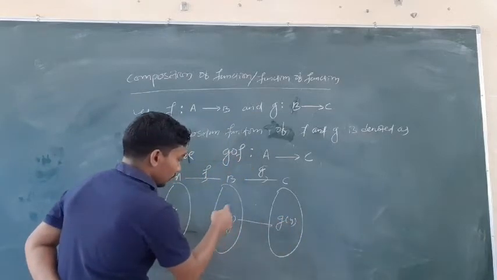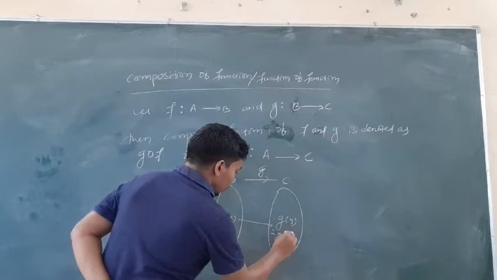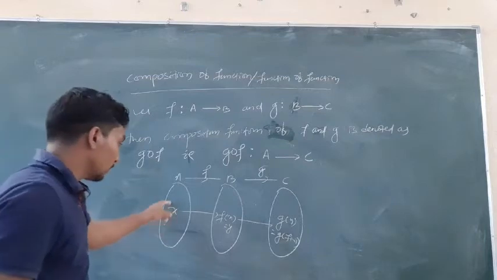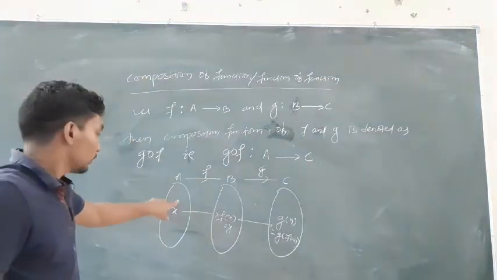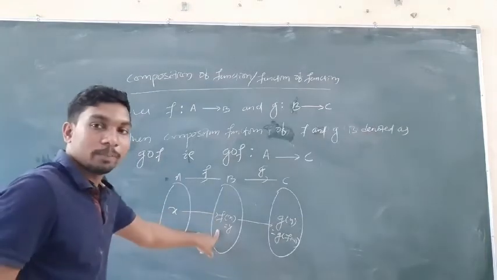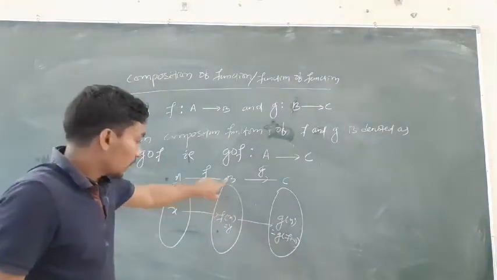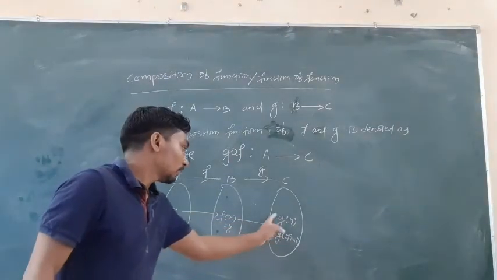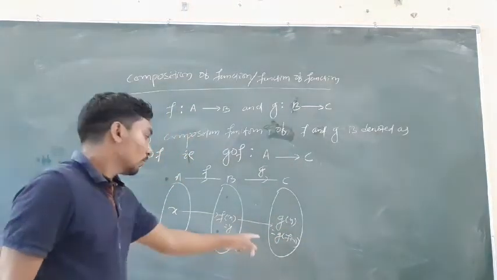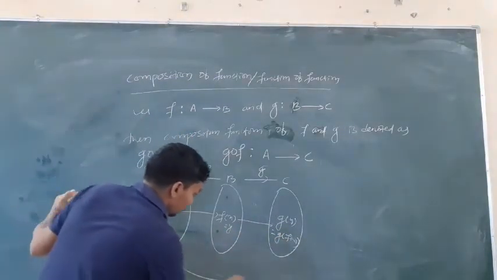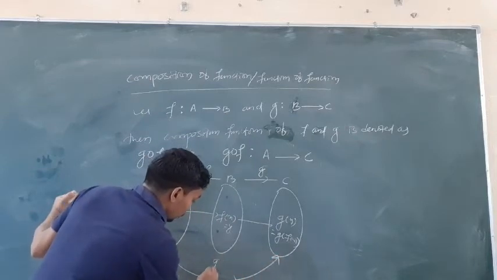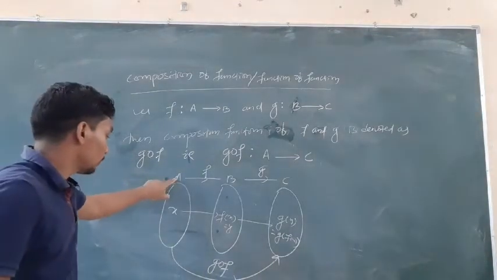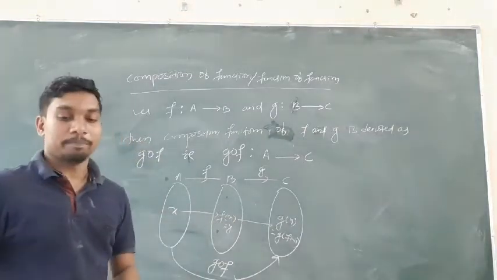That means g of f of x, where x is any element of A, f of x is an element of B, and the image of f of x is g of y. We get a function from set A to C. So it is denoted as gof. gof is a composition function which maps from set A to C via B.